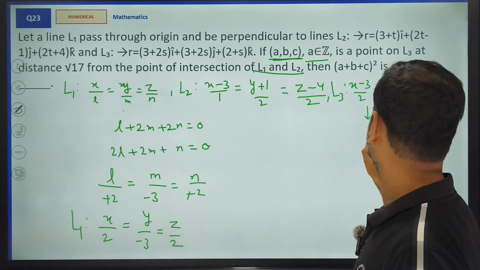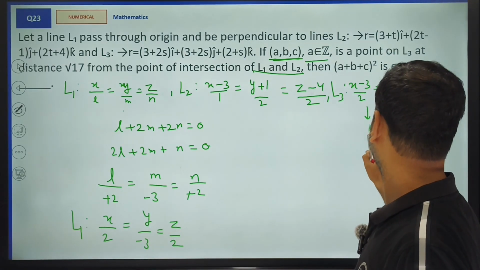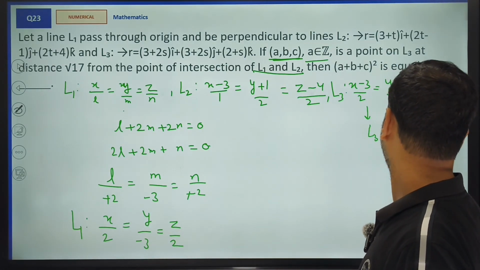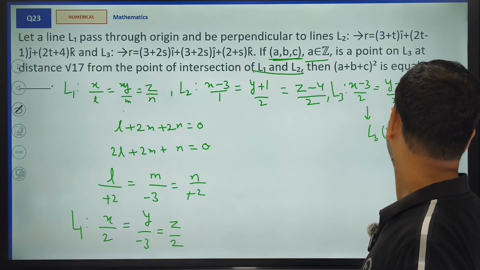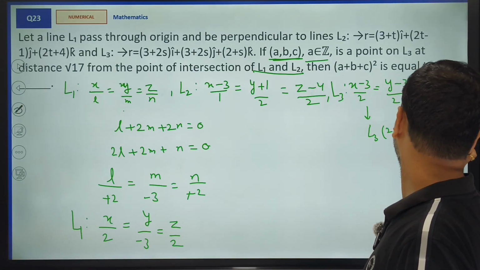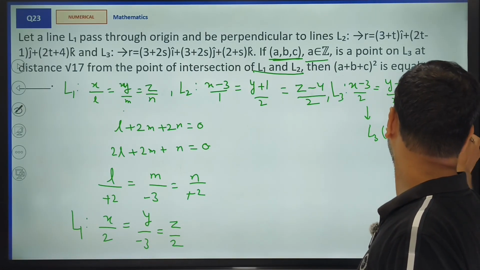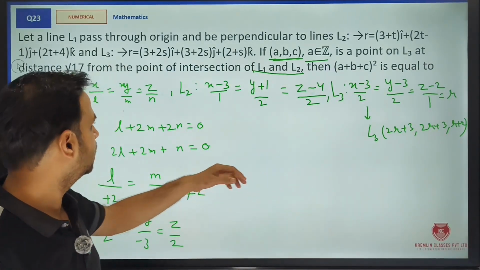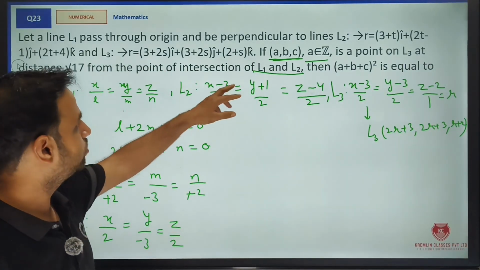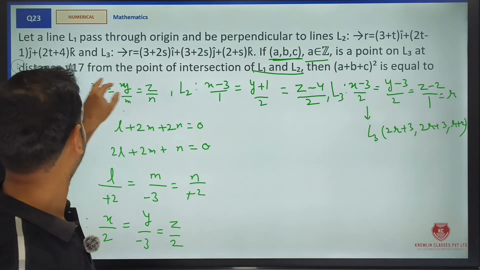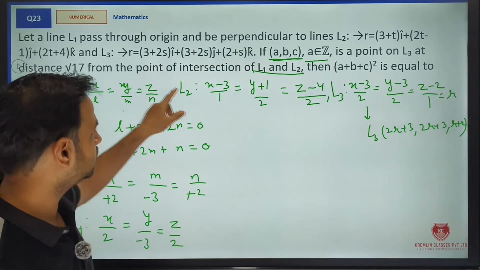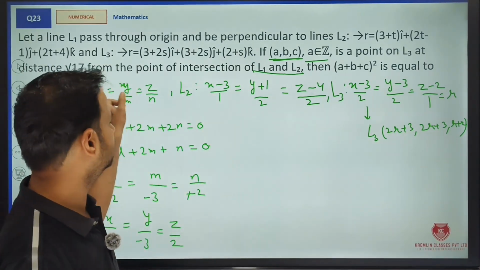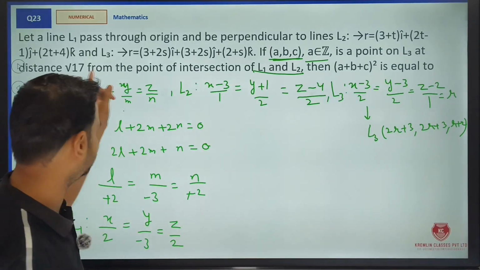The point on L3 will be (2r plus 3, 2r plus 3, r plus 2). Okay, the point on L3 is given by this. And it is at a distance of root 17 from the point of intersection of L1 and L2.